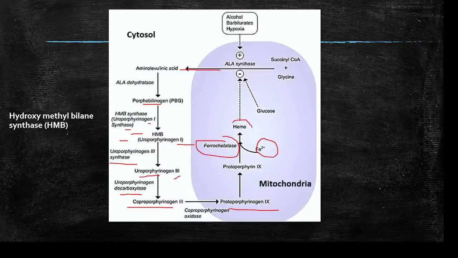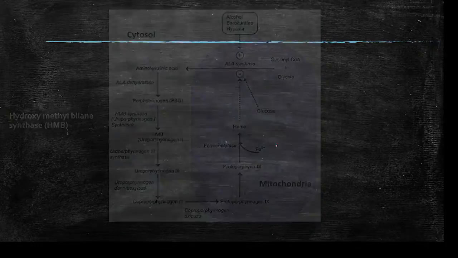So it will form heme. Heme by feedback mechanism inhibits succinyl-CoA, that is aminolevulinic acid synthase enzyme. This is the rate limiting step. The first step where aminolevulinic acid is synthesized is the rate limiting step, and this is also inhibited by certain drugs like alcohol, barbiturates, and in case of lack of oxygen, in case of hypoxia also. So the heme biosynthesis is inhibited. This is the outline pathway of biosynthesis of heme.